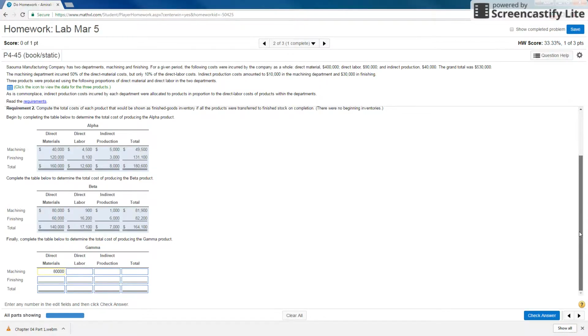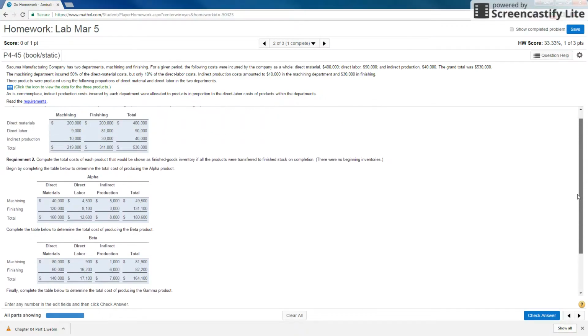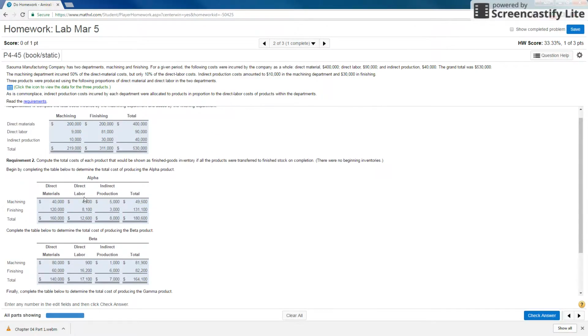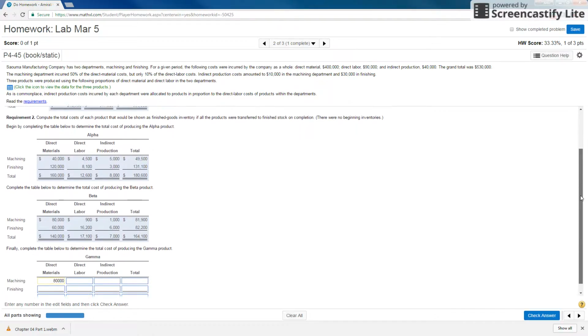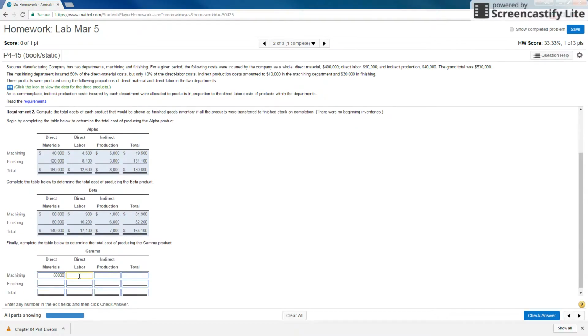I will use this one. So for the direct labor, I use this much here, this much here. What's left at the end, you have to calculate it, is 3,600. And as for the indirect production, 1,000 here, 5,000 there, and we have 10K, so 4,000 left here.